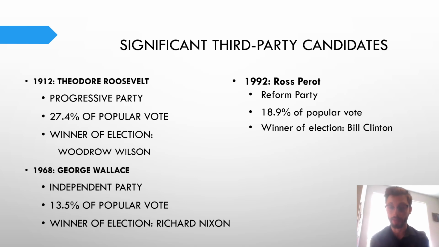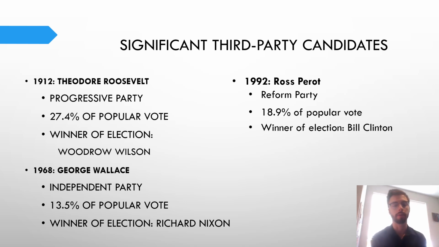And of course, these three candidates ran for the office of the presidency. Theodore Roosevelt obtained 27.3% of the popular vote, which resulted in Woodrow Wilson becoming the winner of that election. Without a third-party Theodore Roosevelt run for president, we might not have seen vote splitting, resulting in Woodrow Wilson winning the presidency, a president we have heard about in our history classes.